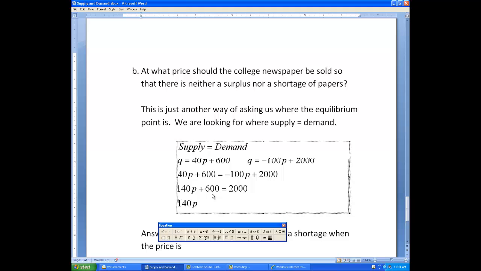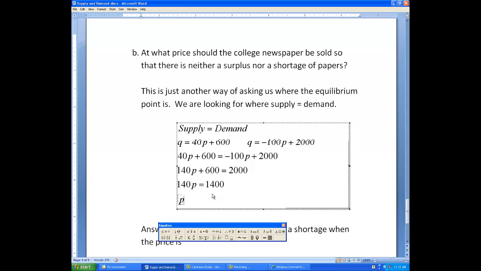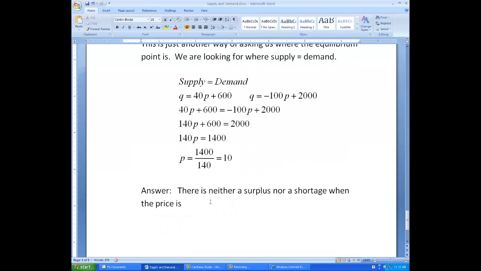So that gives us 140p equals 1,400. We've almost solved for p now. P is going to equal 1,400 over 140, which is 10. Our answer is there is neither a surplus nor a shortage when the price is 10 cents per copy.